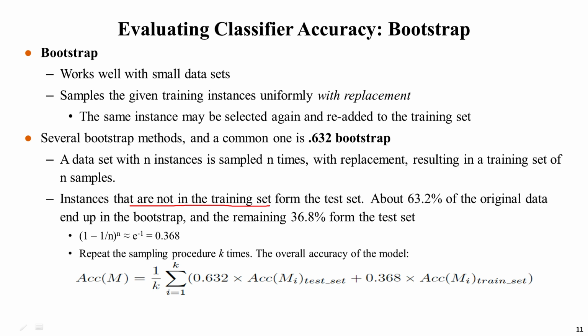Roughly 63% of the original data ends up in the bootstrap sample, and the remaining data, which are not in the training set, are used for the test set, and that is about 36%.